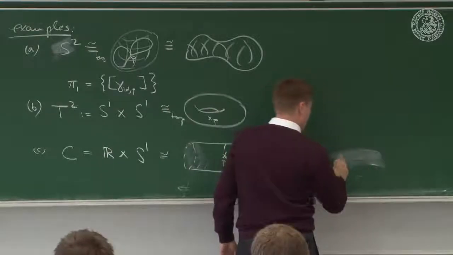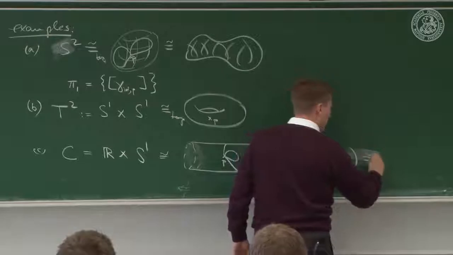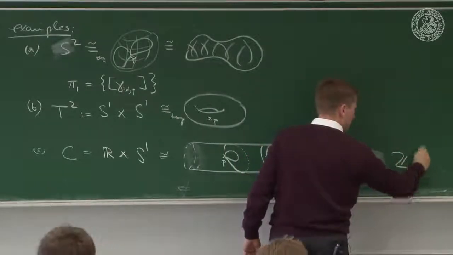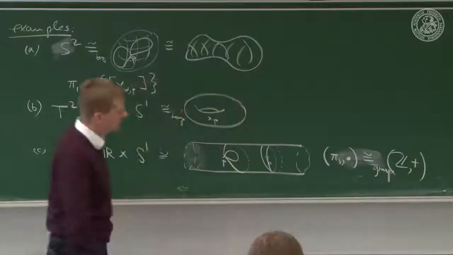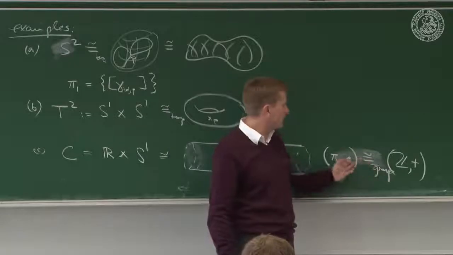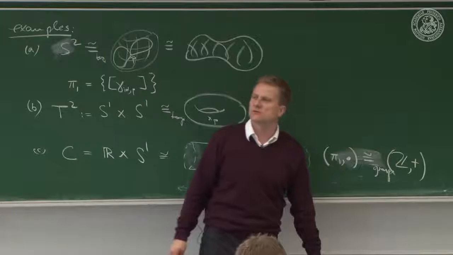So as groups, the fundamental group is isomorphic to the integers with the addition. And what does isomorphism as a group mean? Well, it's of course bijective, right? But then it also respects the group property.